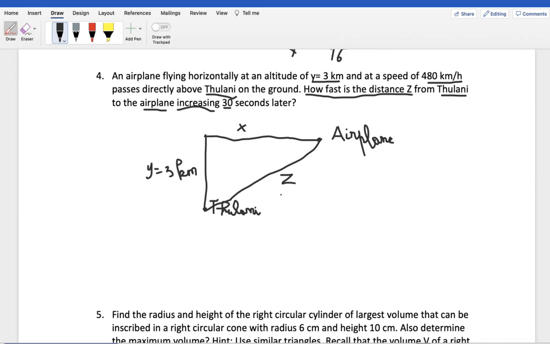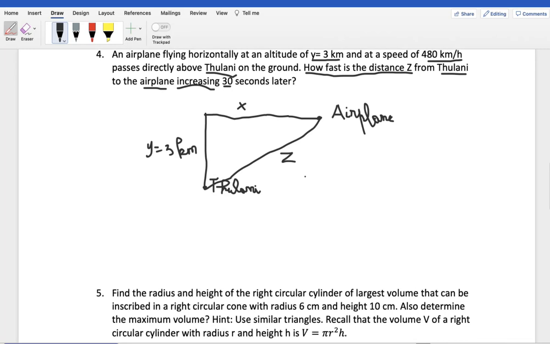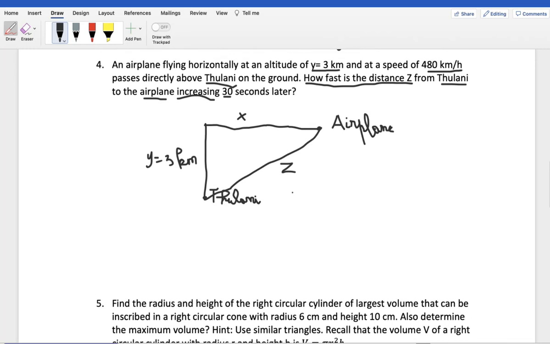Now we know the speed at which the plane is going, which we can call v.